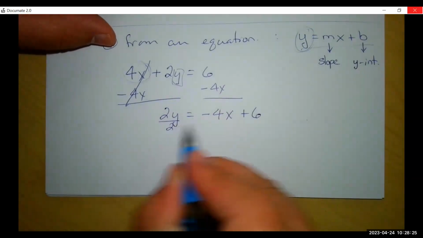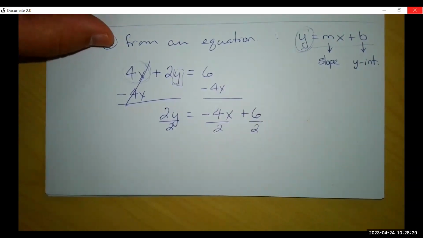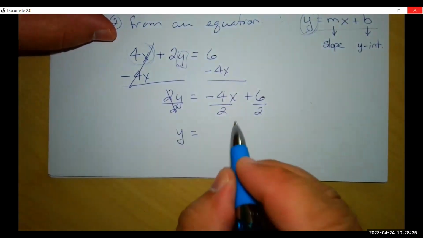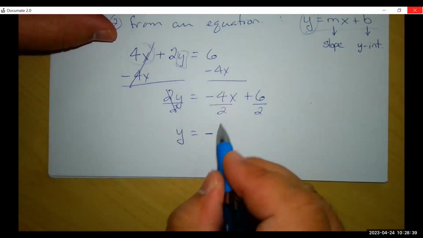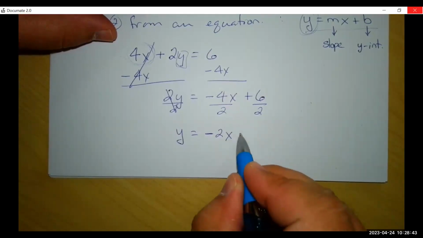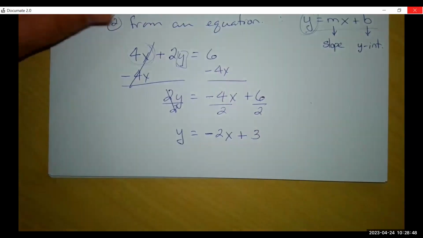So we divide both sides by 2. Each number separately. Each term. So here we have the 1 negative, so the answer is negative. 4 divided by 2 is 2. X. 6 divided by 2 is 3.